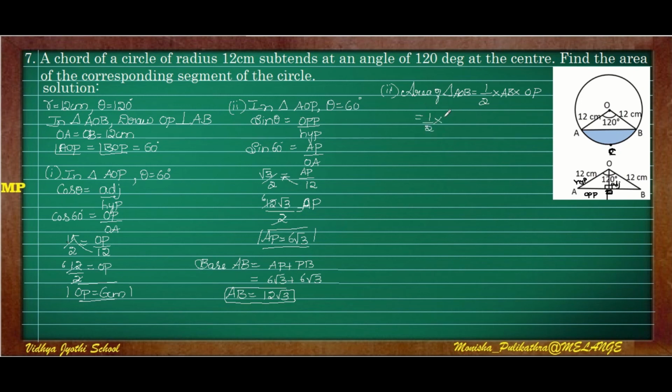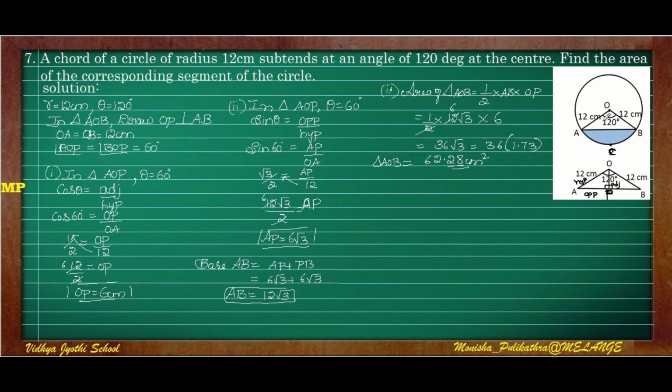So half into 12 root 3 into 6, which is equal to 36 root 3. We know root 3 value is 1.73. So by multiplication we will get area of triangle value as 62.28 centimeter square.